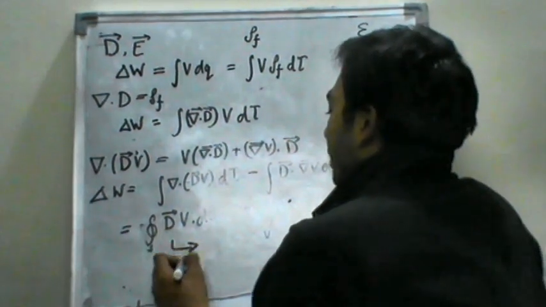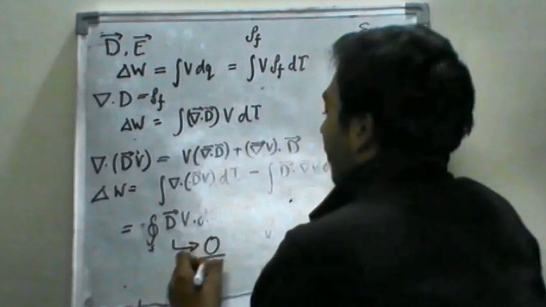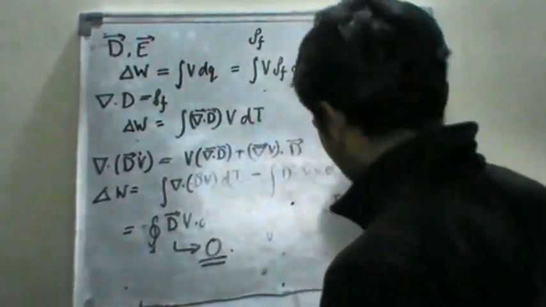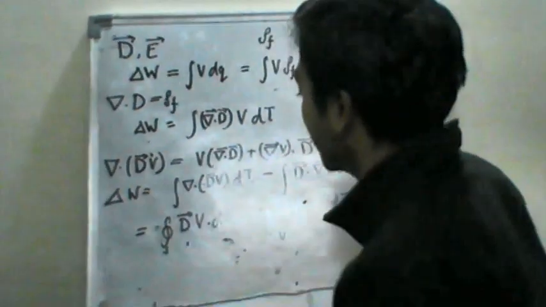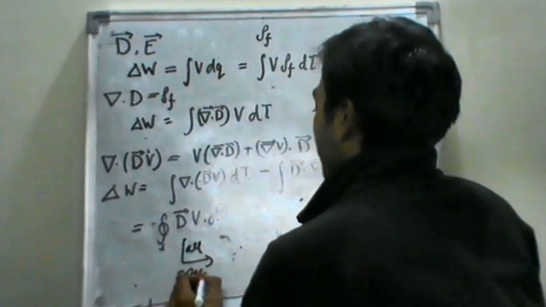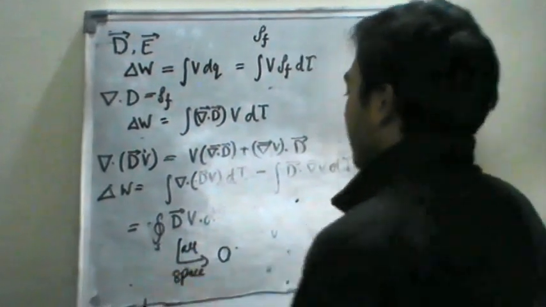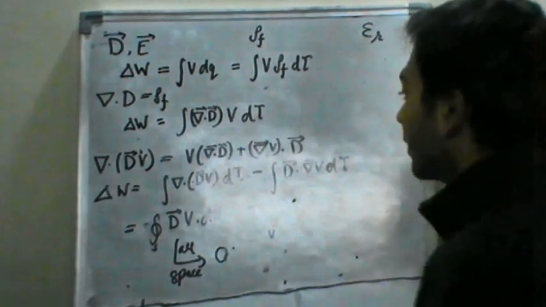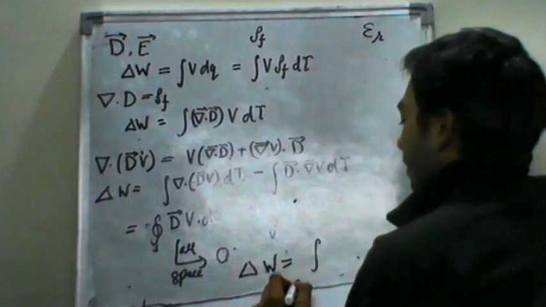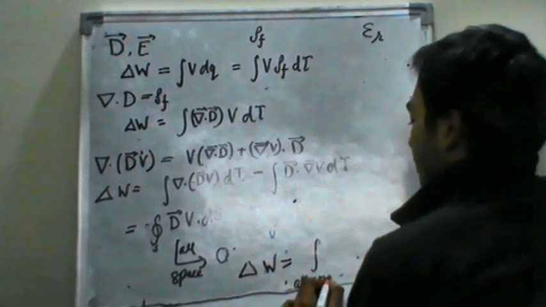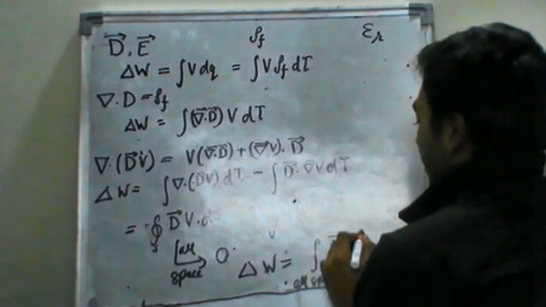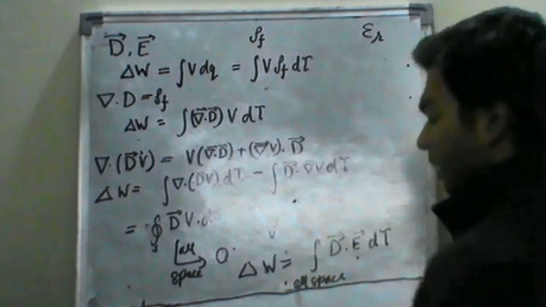So this term tends to 0 when you integrate over all space, and only this term remains. So we can write delta W is equal to integral over all space of D dot E d tau.